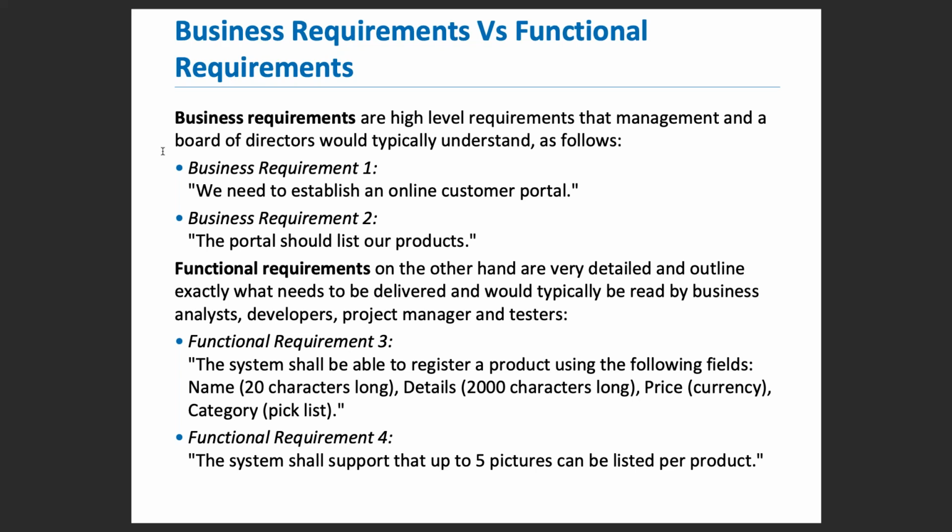Those are business requirements. Now the example of a functional requirement, or how you will achieve it, would be: the system shall be able to register a product using the following fields: name, details, price, category. The system shall support up to 5 pictures listed per product.